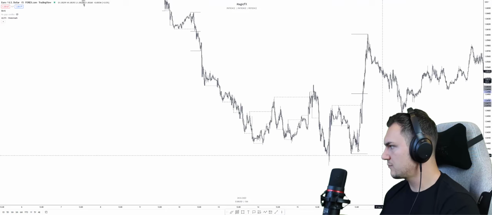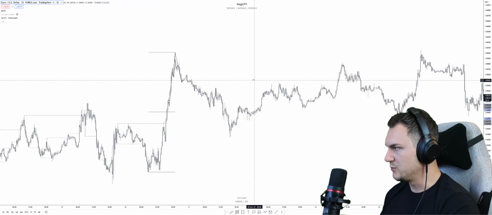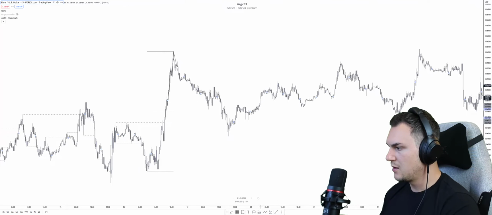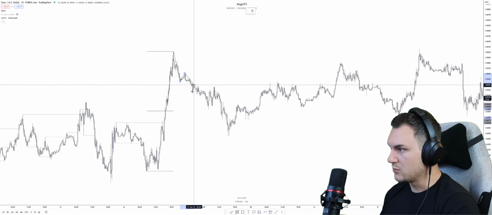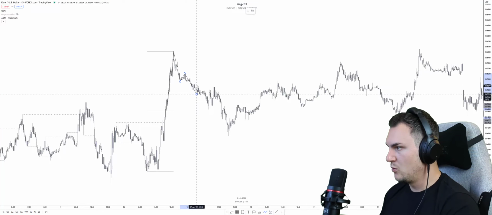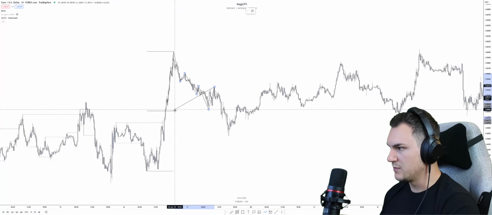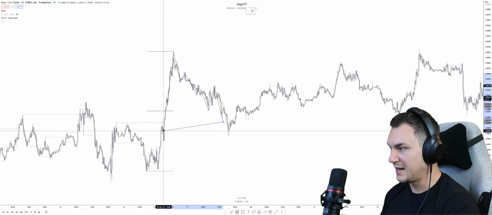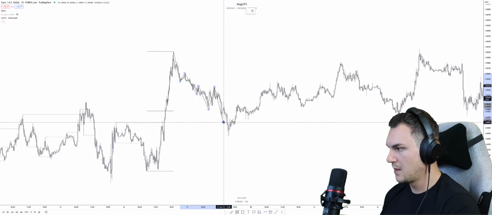Now it would be valid to take shorts down here, following your rules for trading, all the way down until you reach this discount. So we get to the discount first of all here. So here, shorts would be off the table for me. As you can see, as we've hit this discount area and hit this pretty clean zone down here, what has price done?